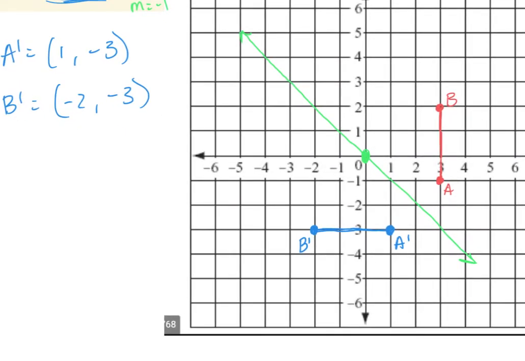Does this make sense? Well, if we drew a line connecting them, those look about the same distance on both sides, and they do make a 90-degree angle with our line of symmetry. Let's draw a line from B to B prime, and same thing. Looks like it would make a perpendicular line. You could also calculate it, right?